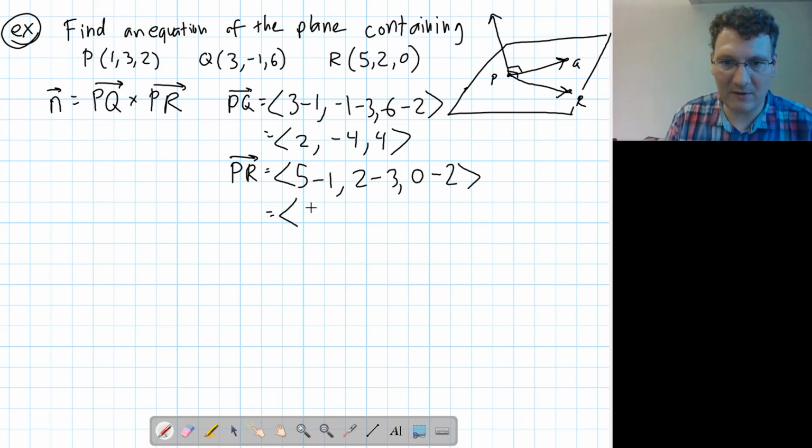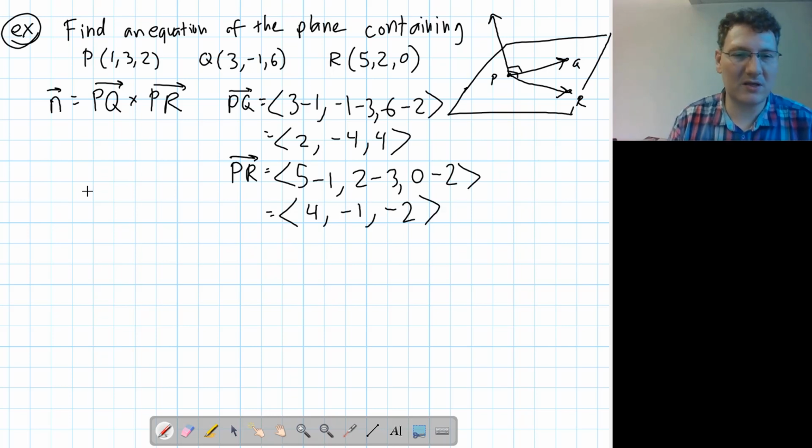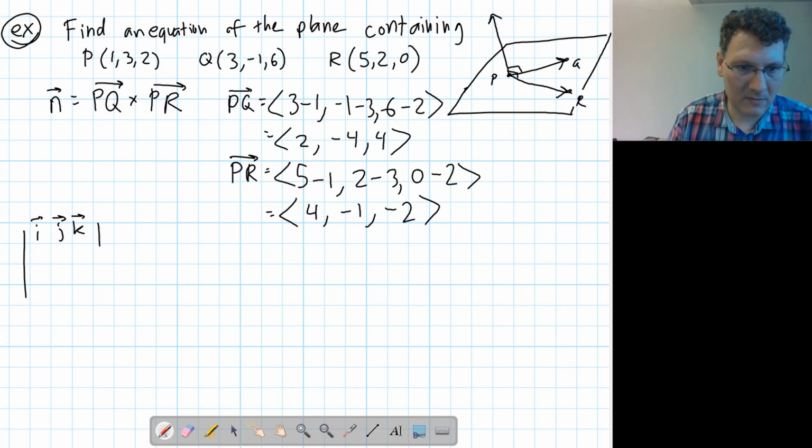And cleaning that up a little bit, 5 minus 1 is 4, 2 minus 3 is negative 1, and 0 minus 2 is negative 2. So this cross product is going to be i, j, k, and then as the top row, remember we've got 2, minus 4, 4, and we'll have 4, minus 1, minus 2.